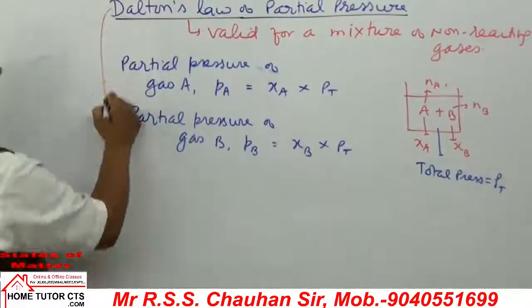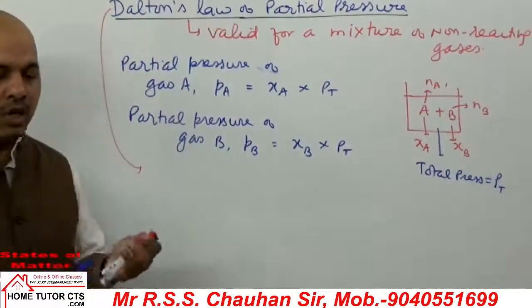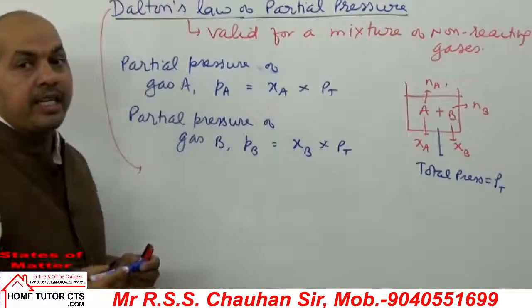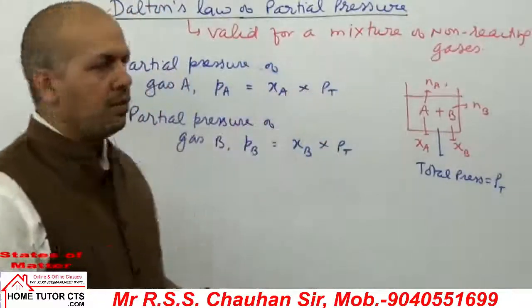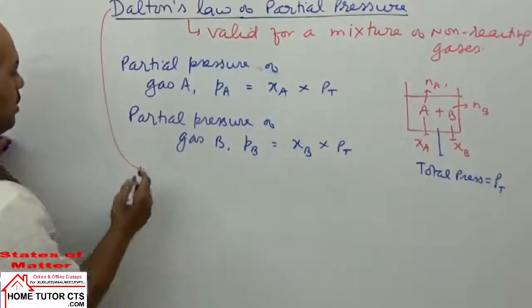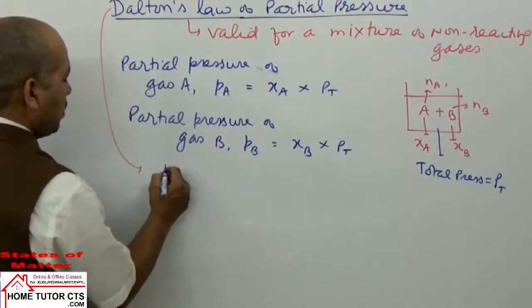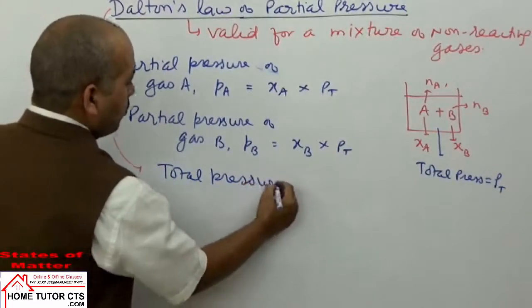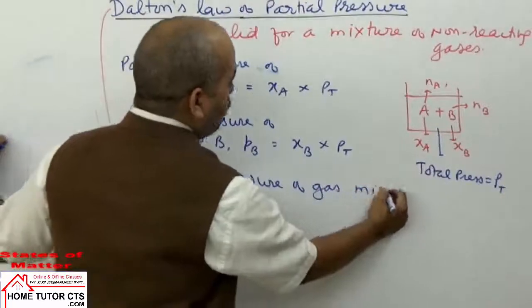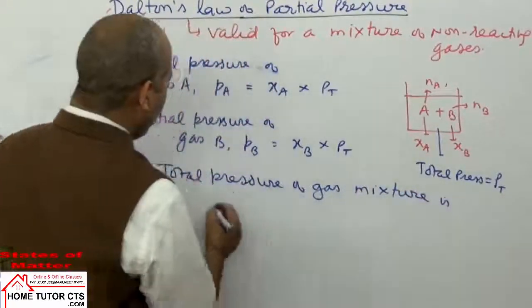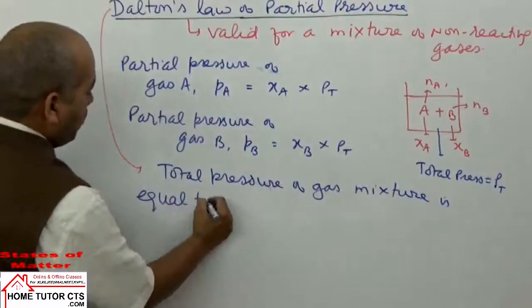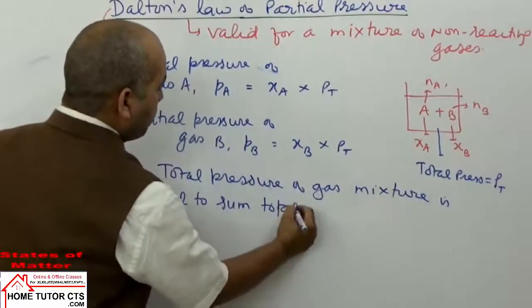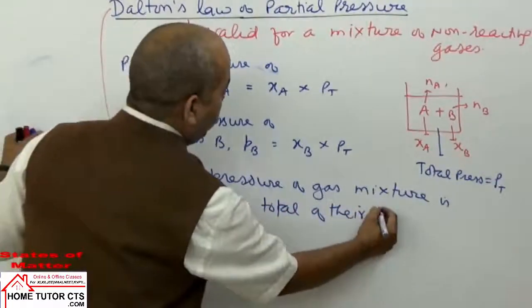It states that for a mixture of non-reacting gases, the total pressure of the gas mixture is equal to the sum total of their partial pressures.